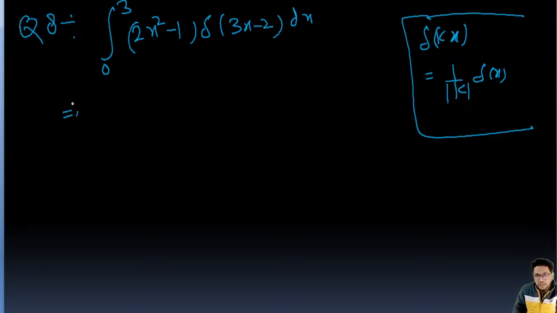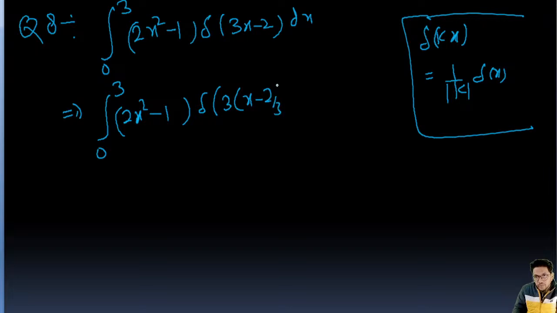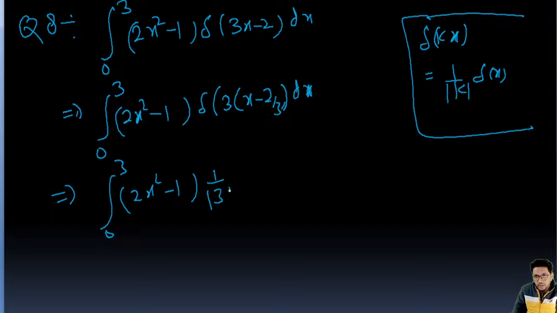So this is going to be integration 0 to 3 of 2x square minus 1, and we can write the delta by taking 3 common, so it is x minus 2 by 3. Using this property, the 3 will come outside, so it is going to be 1 upon mod 3, del x minus 2 by 3.